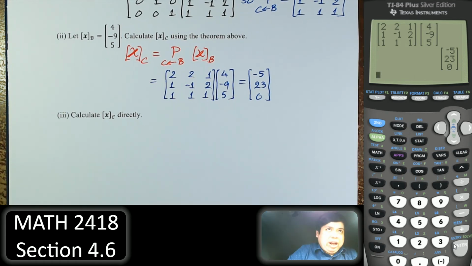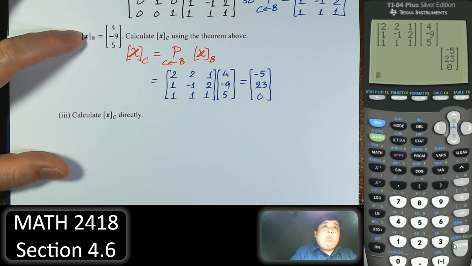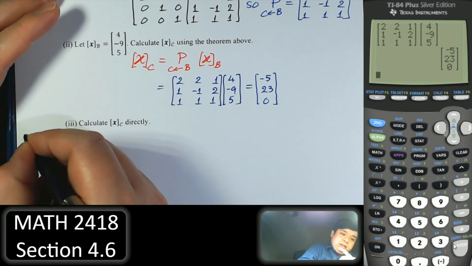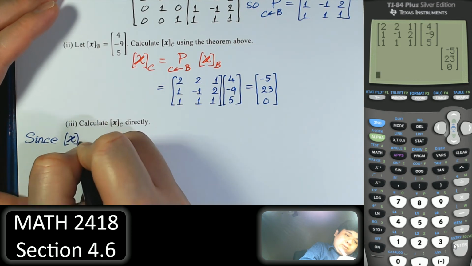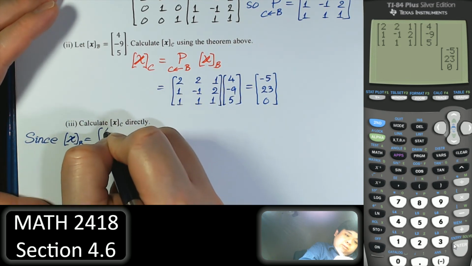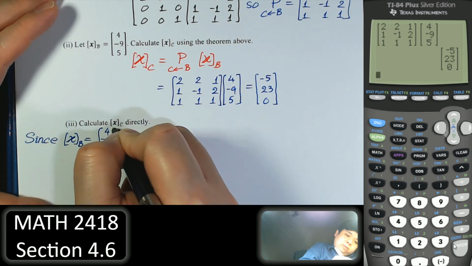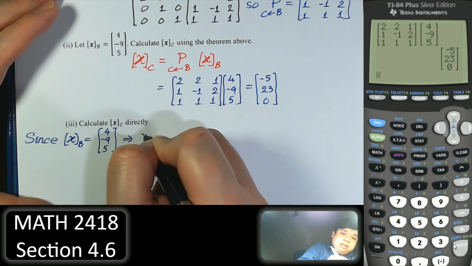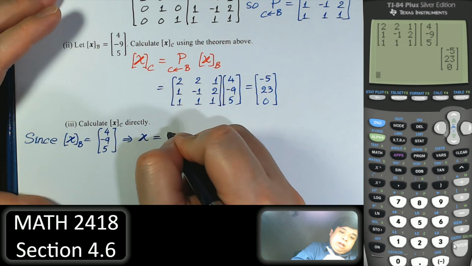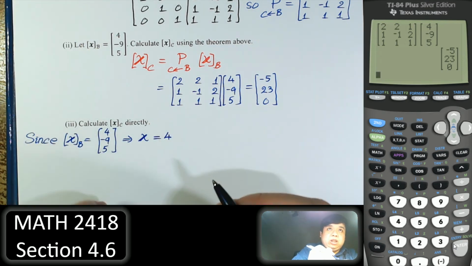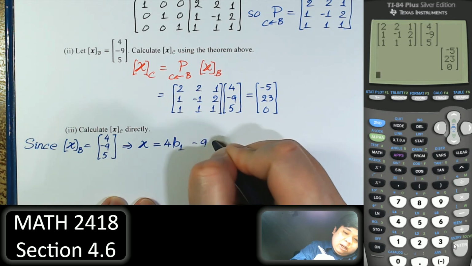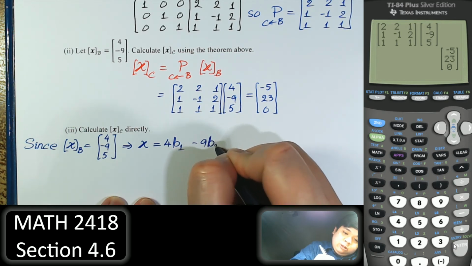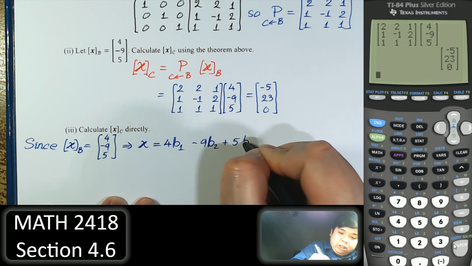Now, can we calculate x in C coordinates directly? We know x in B coordinates is equal to that. That means x can be written as a linear combination using these numbers: 4 times b1 minus 9 times b2 plus 5 times b3.